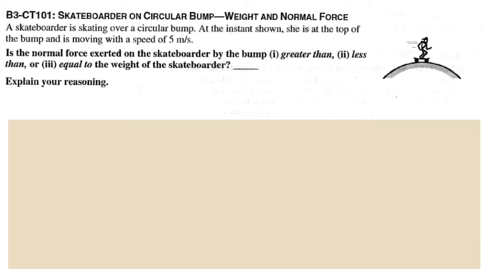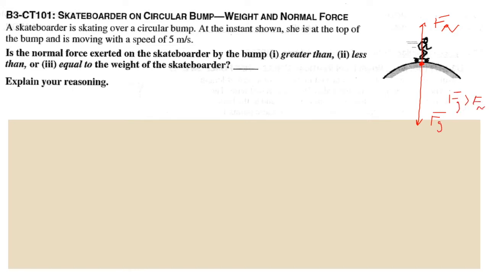Explain your reasoning. Once again here, the basic answer to the question is determined by the free body diagram. And so we have the normal force going up, and we're going to have the weight coming down. And the weight here has to be bigger than the normal force. Why?